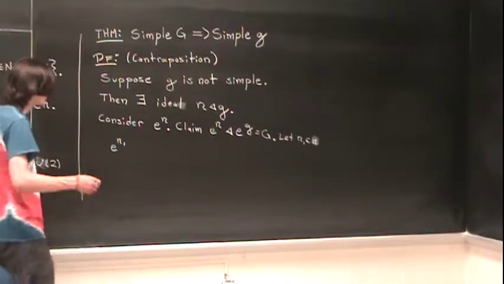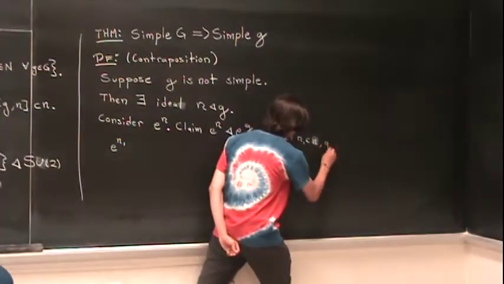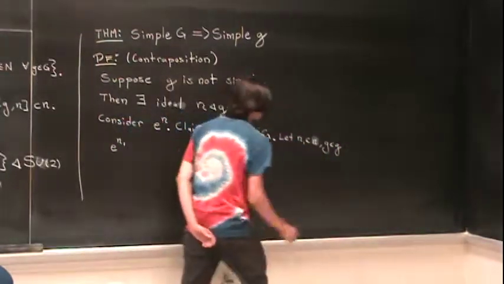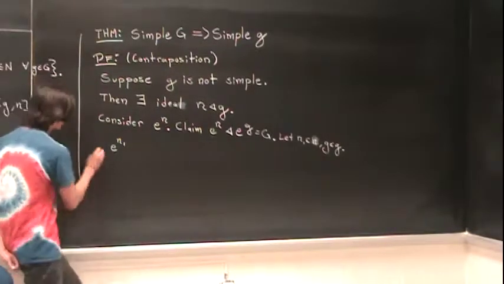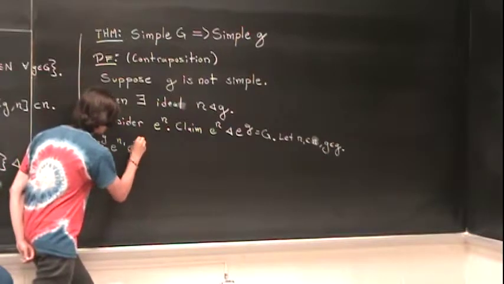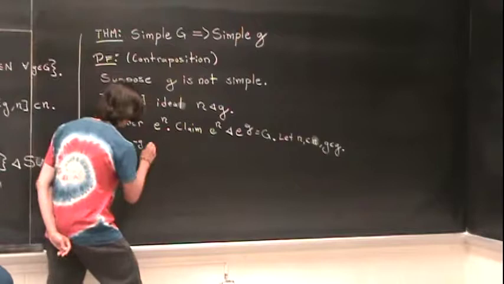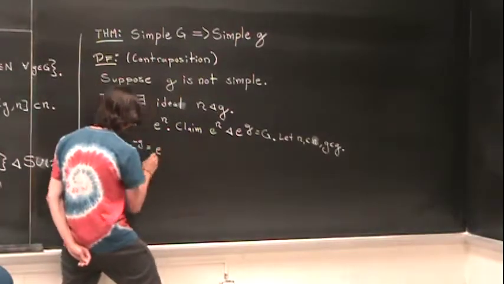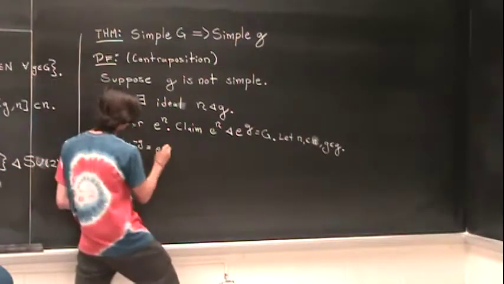Let's take this and let's conjugate it by some other element, little g, in the Lie algebra. So we conjugate it by e to the little g, e to the minus little g. Let's see what this is. We can bring the exponentials on the outside into the exponent here.